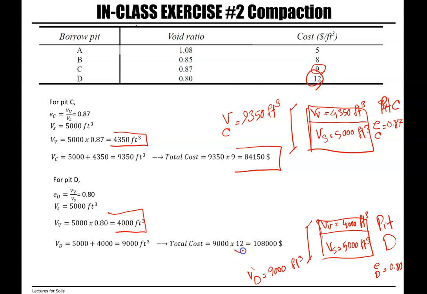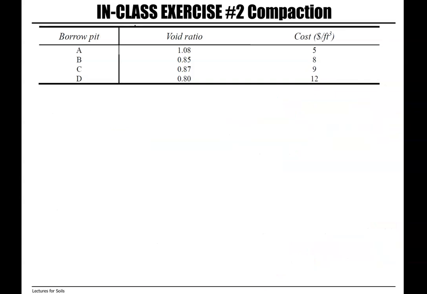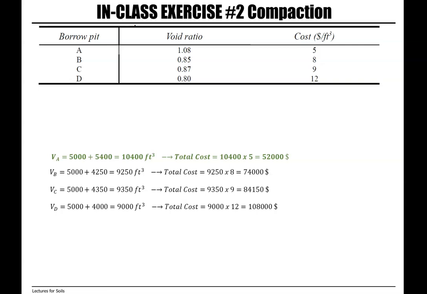Cost is $12. Then we can compare the results and see the most cost-effective option is to bring material from borrow pit A.